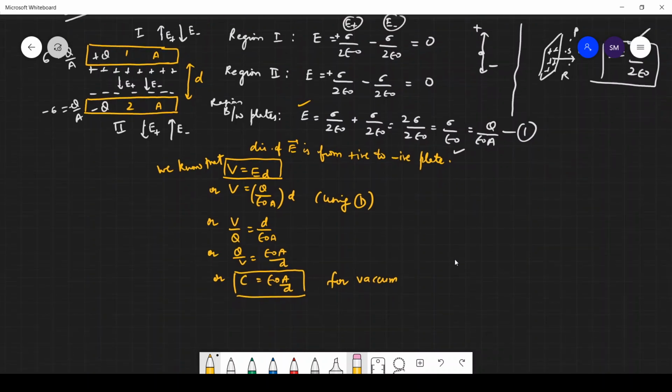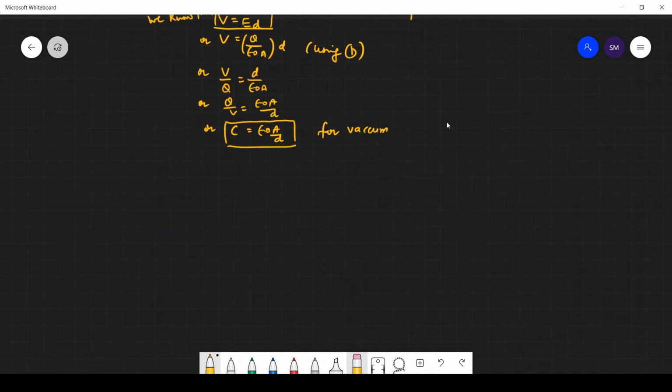Now, if you insert dielectric between the plates, what will happen? What is the effect of dielectric? So these were your plates, positive charge plate and negative charge plate, and you have inserted dielectric in between the plates.